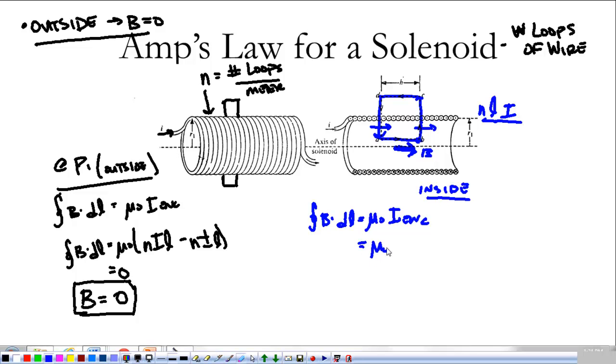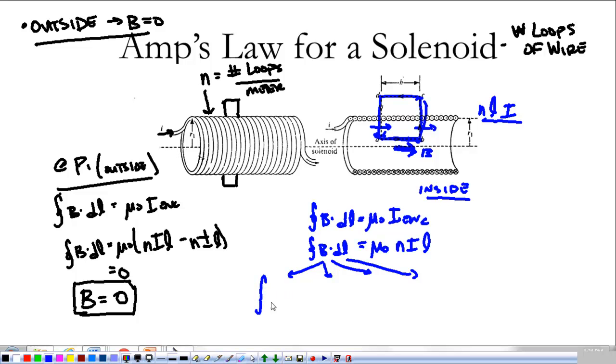So it's mu 0 times N times I times L. And that's equal to B dot dl. Now, for my entire closed loop, I have 4 segments of B dot dl to deal with. So I'm going to have 4 different B dot dl integrals. That's going to go 4 different ways to take care of my 4 different sides.